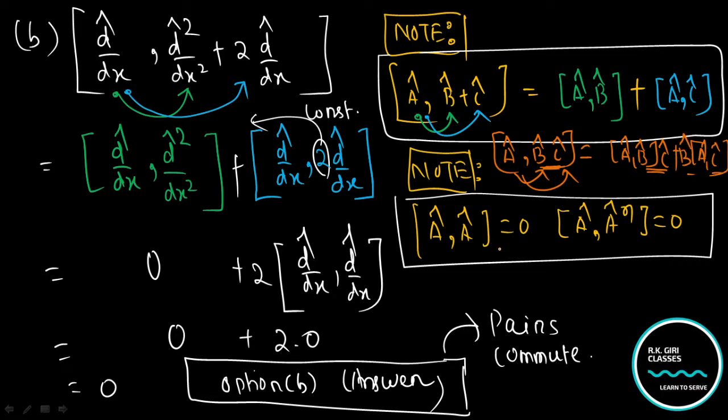Clear this part, right? And what you got, that is x d by dx with d square by dx square, dy dx with d square by dx square, then dy dx with 2dx, and give it a plus symbol here using this formula, right?